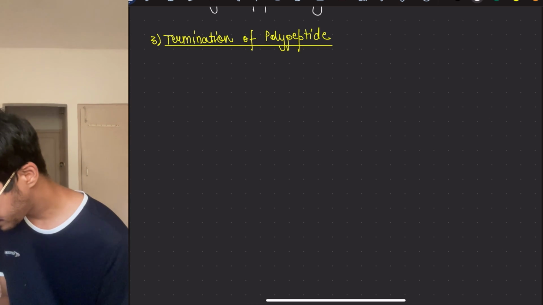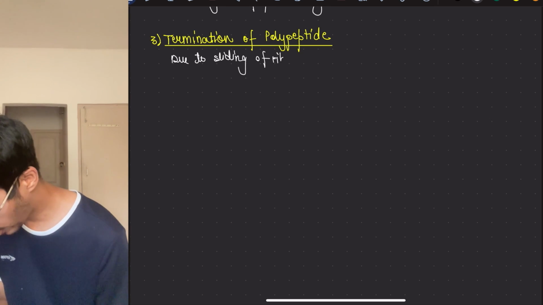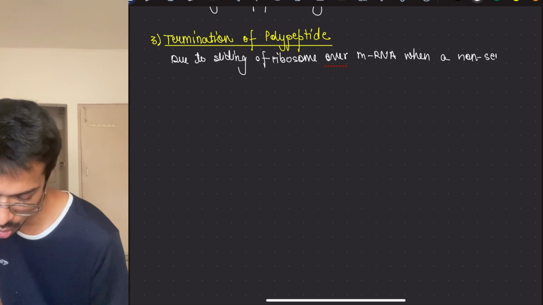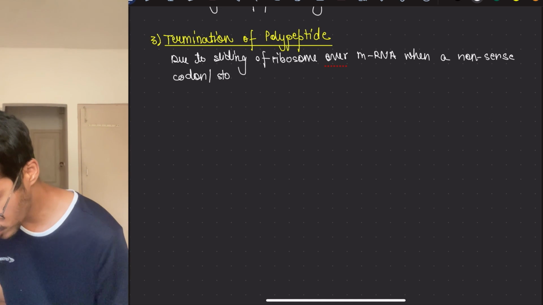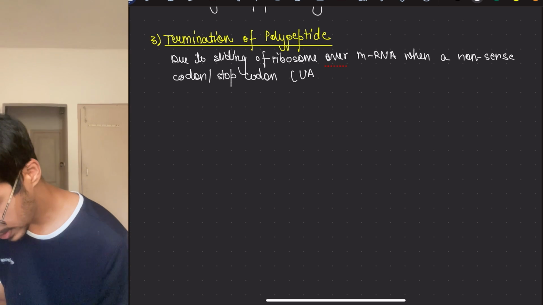So what will happen? Due to sliding of ribosome over mRNA, when a nonsense codon, nonsense means stop codon, what are they?